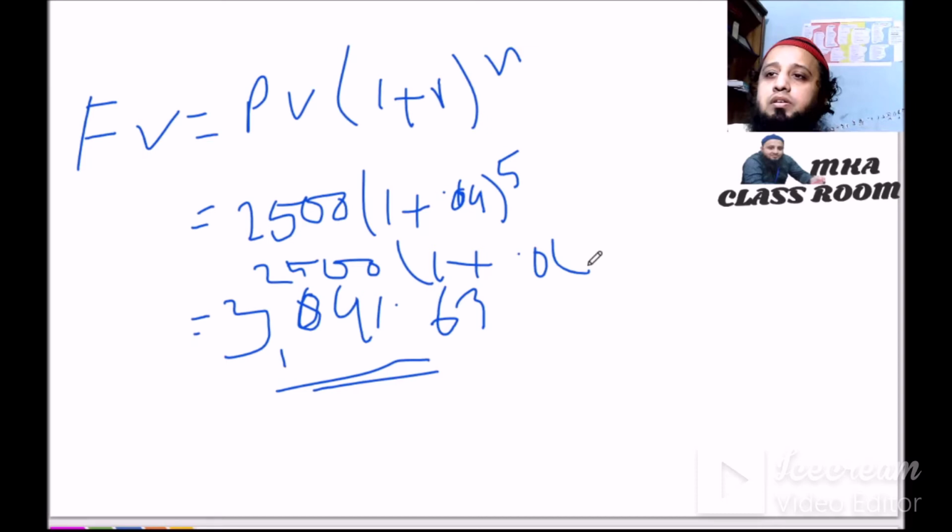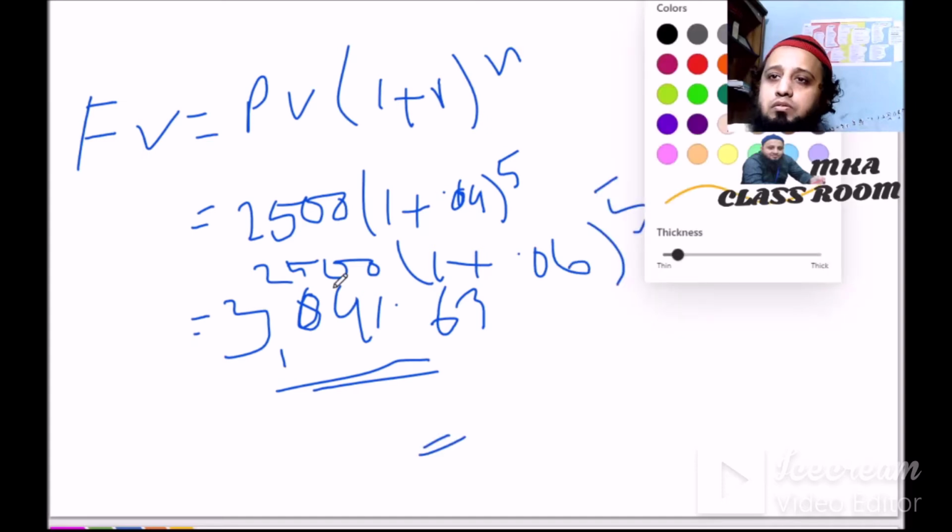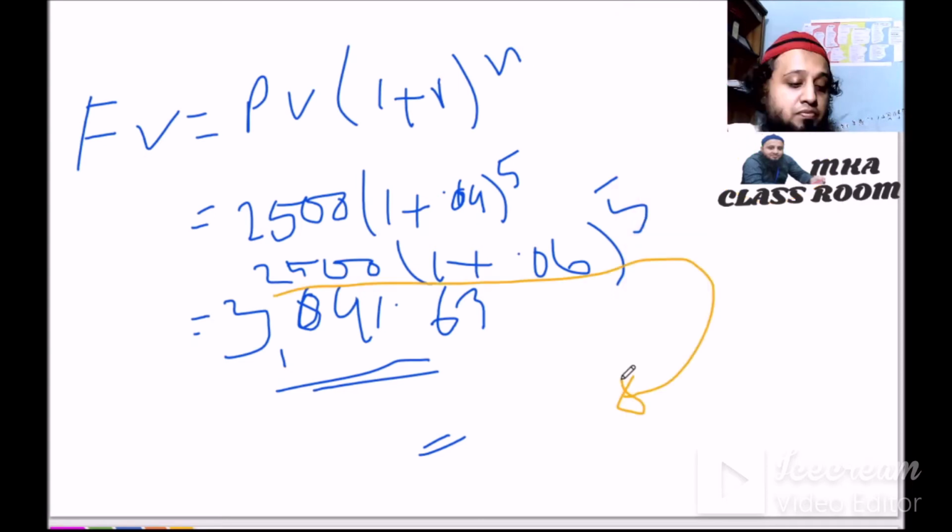So, you can see in here 2500 into 1.06 power 5.